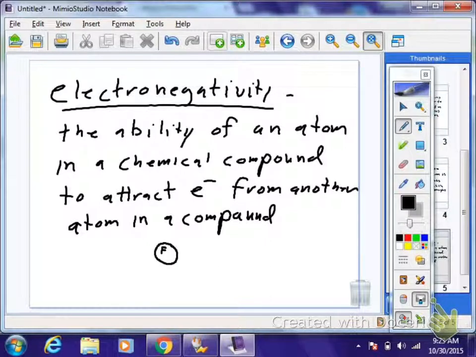Now, sodium will be a little bit bigger, relative size. And there's sodium. Now there's an electron here that they are sharing.